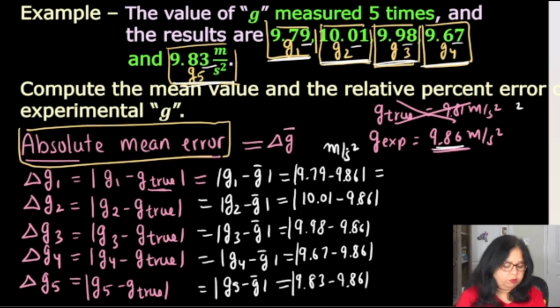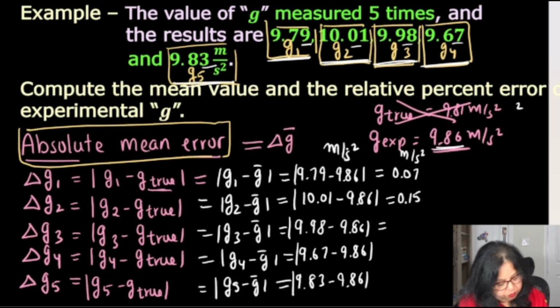the first one gives me 0.07 meters per second square. Then I have 10.01 minus 9.86, which is 0.15. 9.98 minus 9.86 is 0.12. 9.67 minus 9.86 is going to be 0.19. 9.83 minus 9.86 is 0.03.